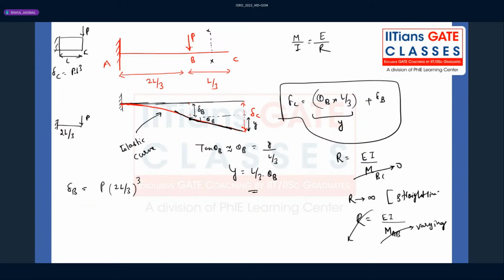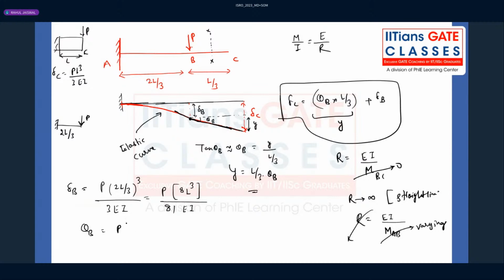We know that PL cube divided by 3EI. But here the length is 2L by 3, for this standard case. So P into 8L cube divided by 81 EI. That is the deflection.